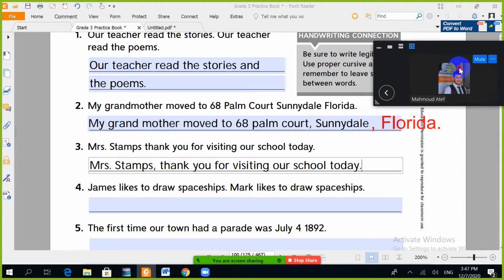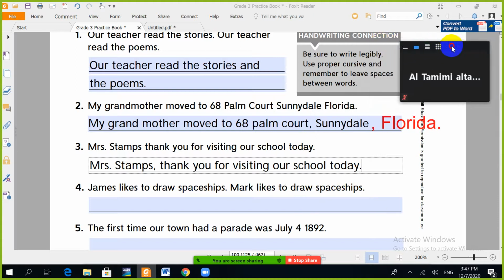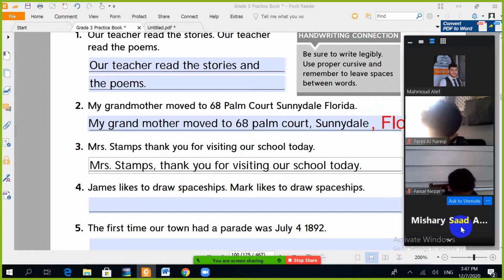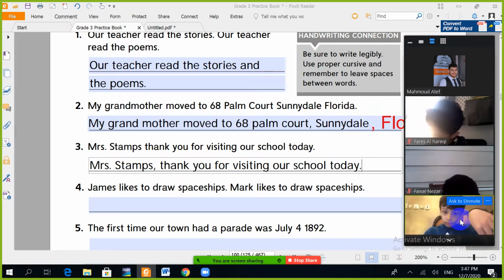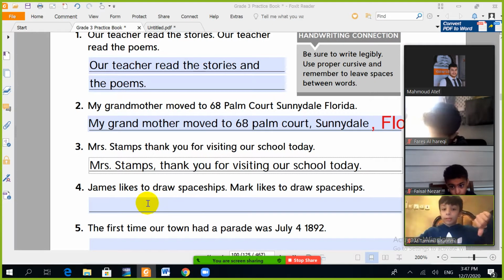Mohammed, are you here? Unmute yourself. Okay, number 4: James likes to draw spaceships. Mark likes to draw spaceships.